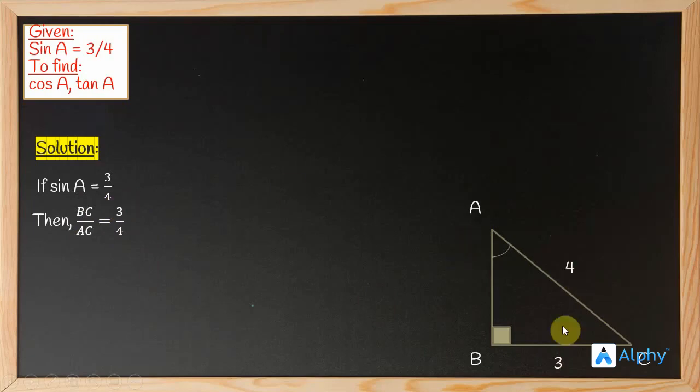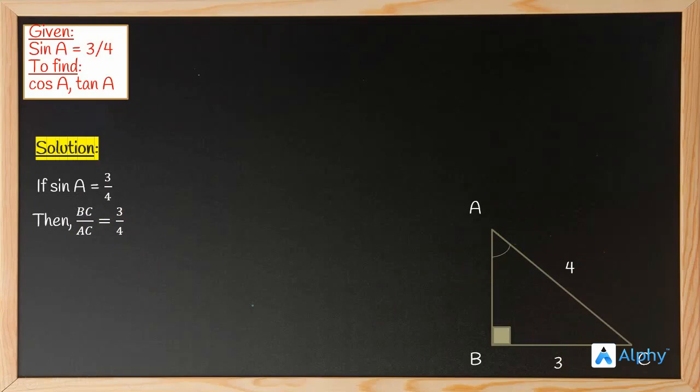If we look at this triangle and consider sin A, when we look from angle A's perspective, sin A should look like 3 by 4. So it's okay to write 3 and 4 beside the triangle. However, it is not right to assume that actual lengths are 3 and 4.